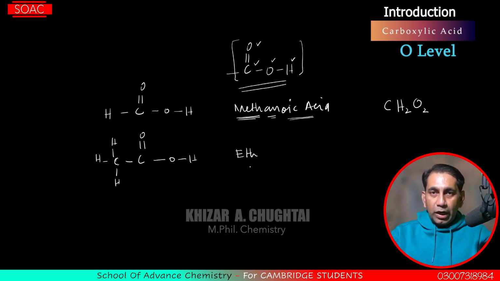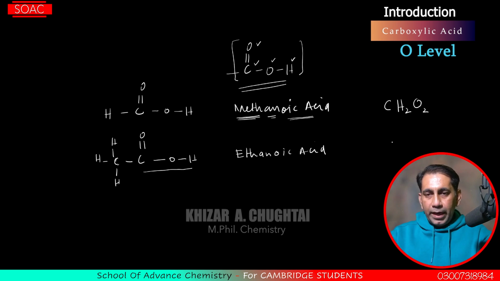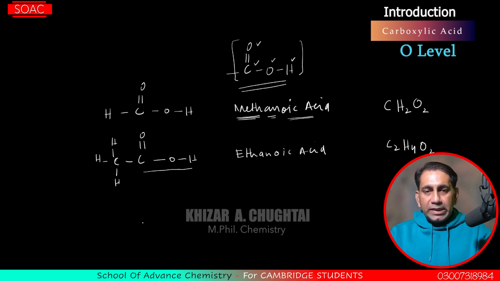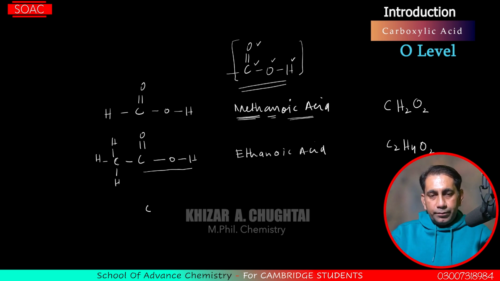Eth means 2 carbons, carbon single bond, ane, and for this functional group we write oic acid: ethanoic acid. And its molecular formula will be C2H4O2.